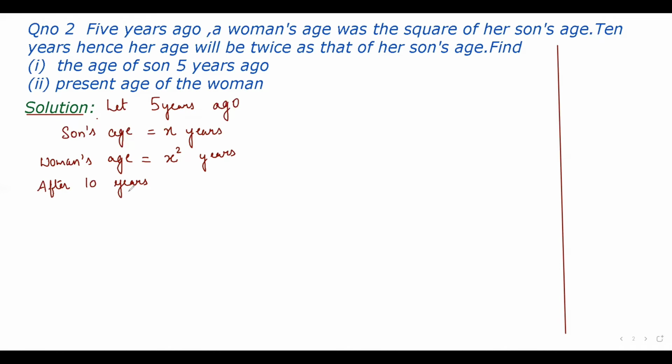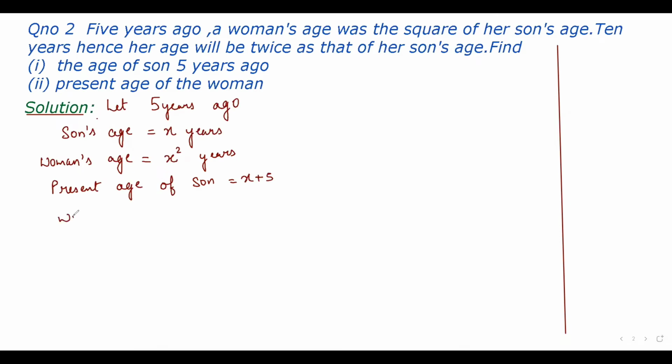So before 10 years hence, let us write their present age. Present age of son: 5 years ago, he was x years old. So present age means after 5 years, so it will be x plus 5 years.